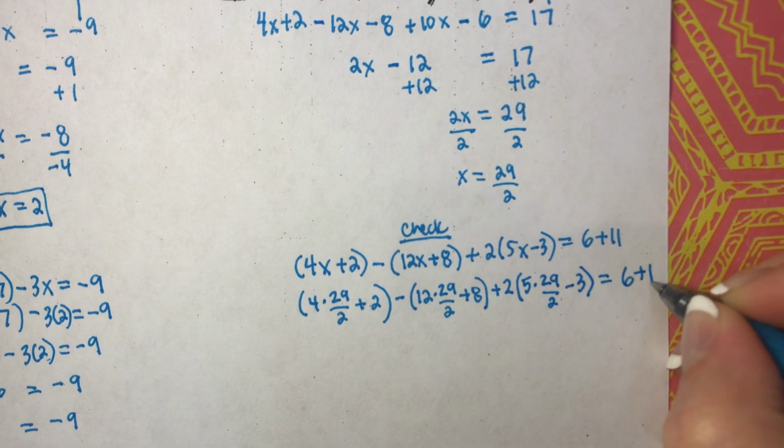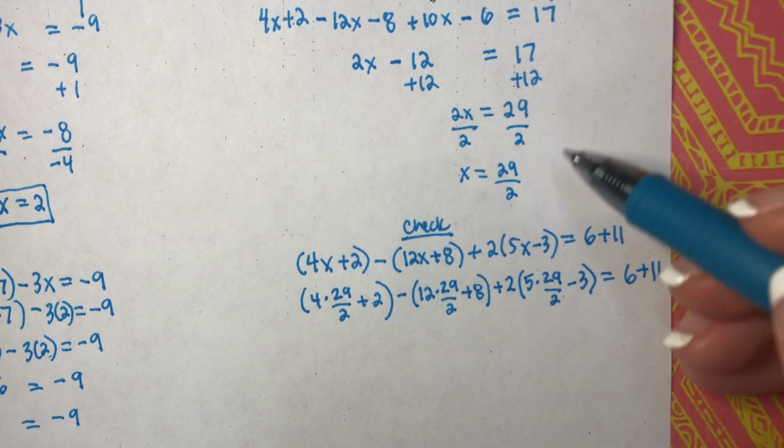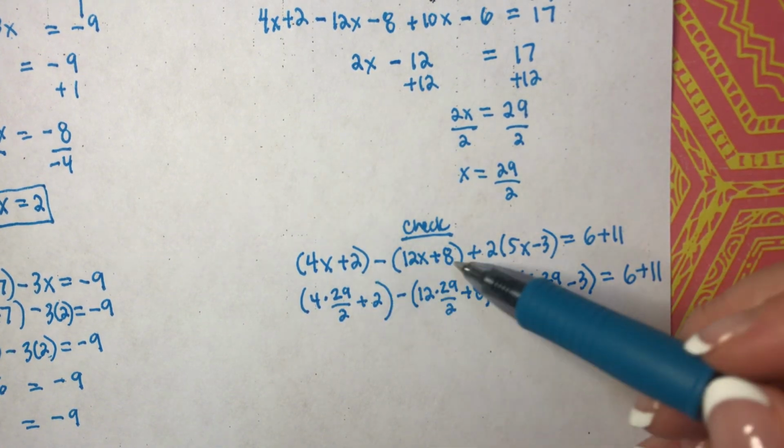Okay, I'm okay. We made it. All right, so we substituted 29 over 2 in for x.